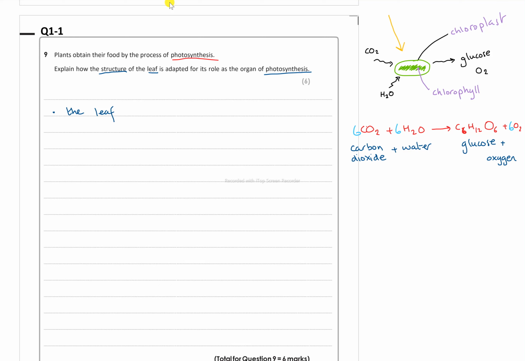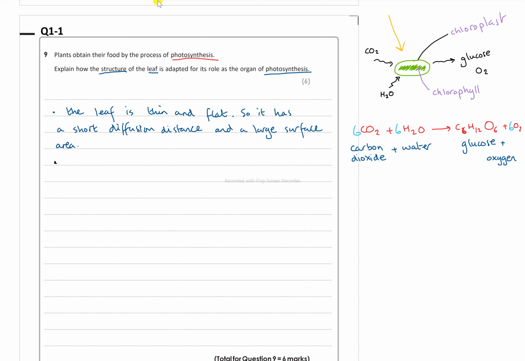The leaf is thin and flat, so it has a short diffusion distance and a large surface area. Okay, now that's that bit done.